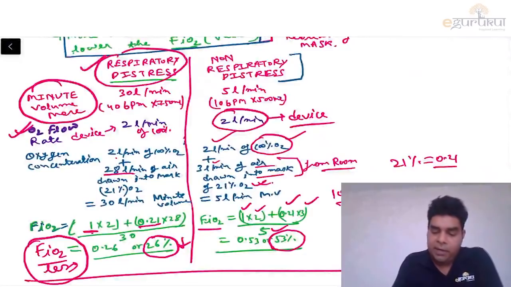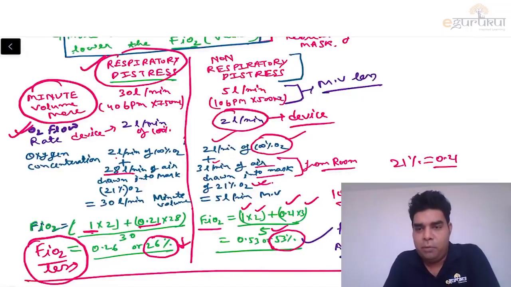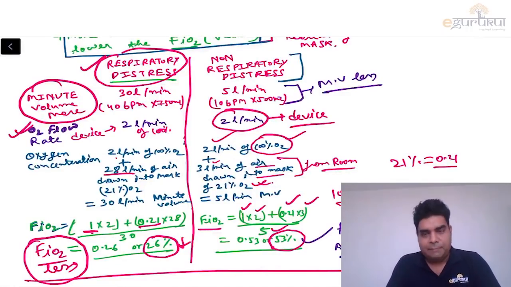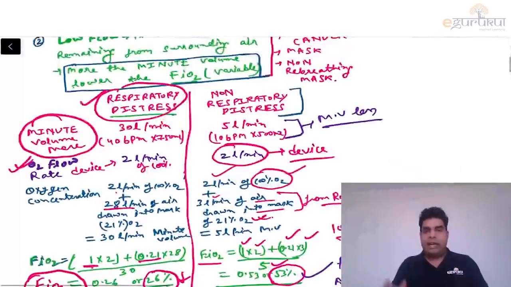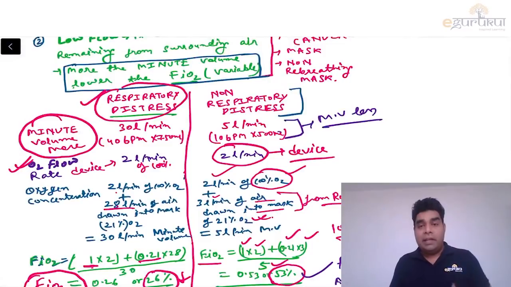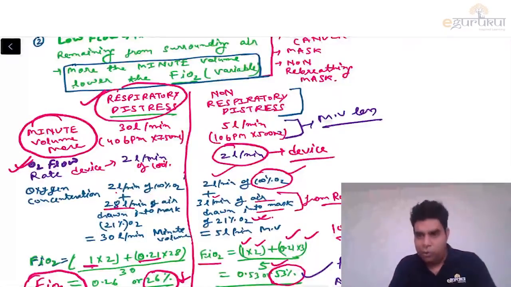And when the patient is not in respiratory distress, the minute volume will be less, and FiO2, you can see, will be more. And here FiO2 is 54%, 53%. So you understand? That's why I said in the beginning that the more air we suck in under respiratory distress, the less will be the FiO2. More minute volume, less FiO2.